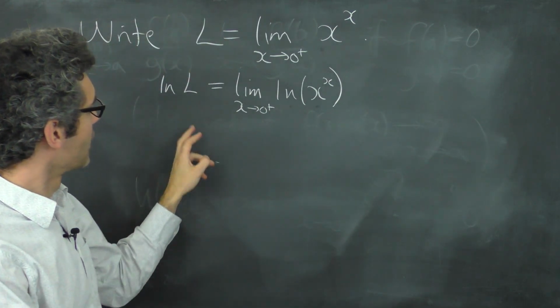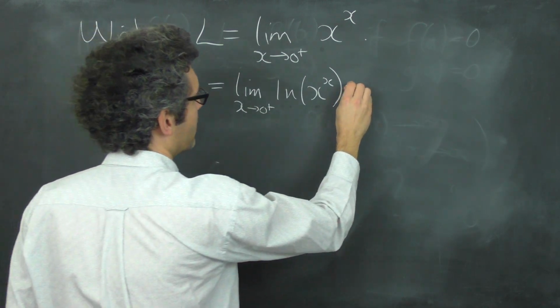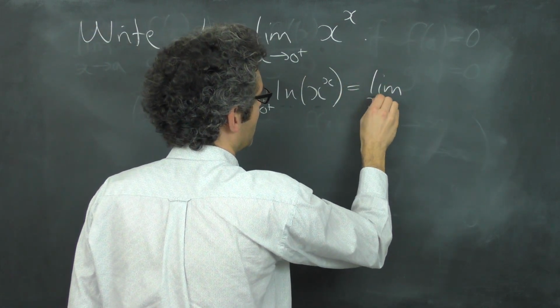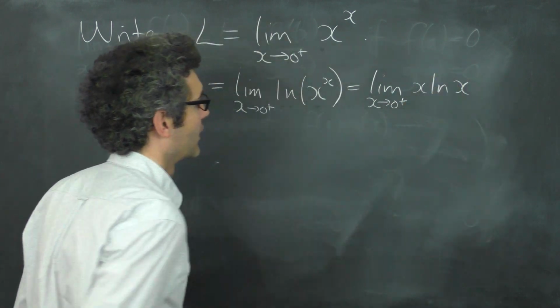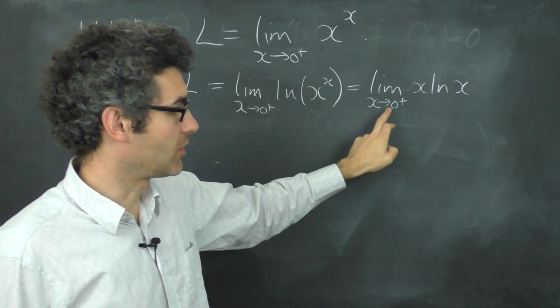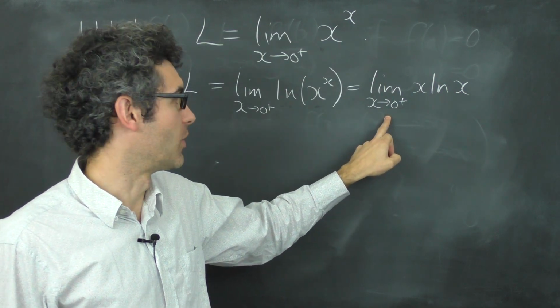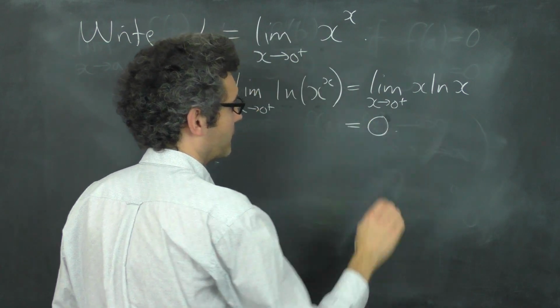Right, so log of L is the limit of log of x to the x, and of course the rules of logarithms allow us to write that as x log x. Now this one is familiar to you from the previous video where you were shown that this has limit 0.